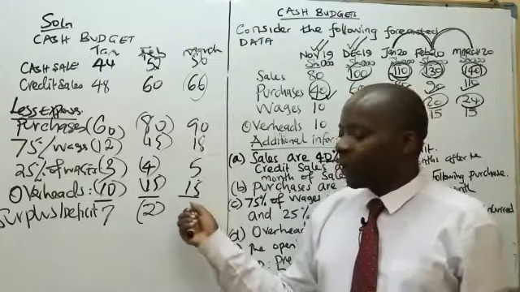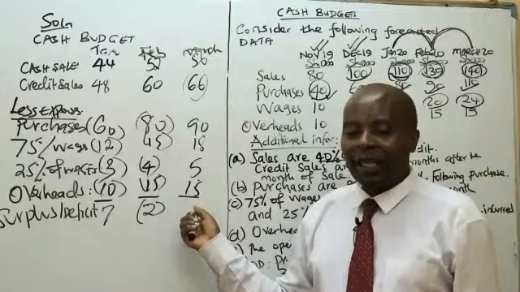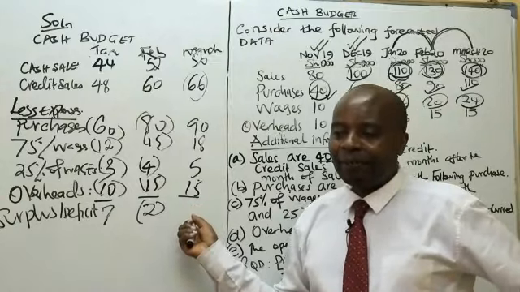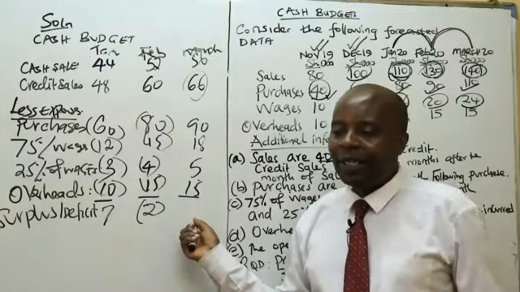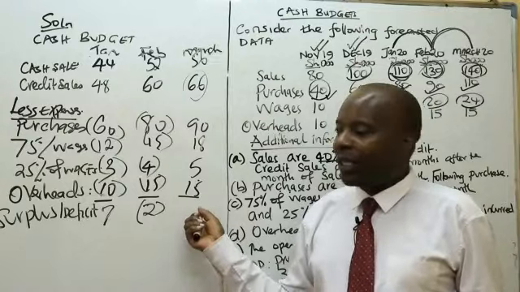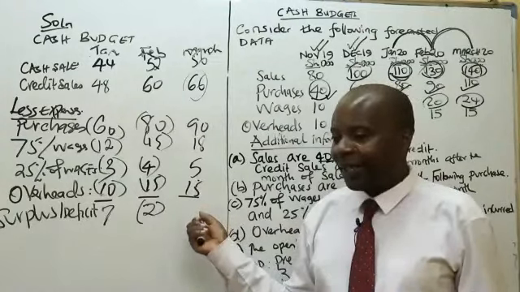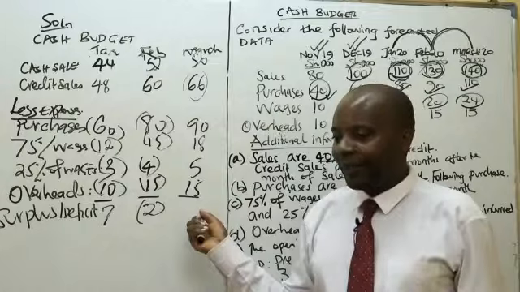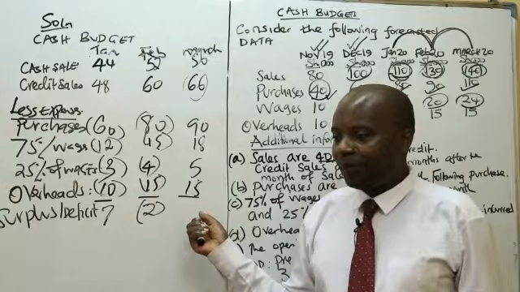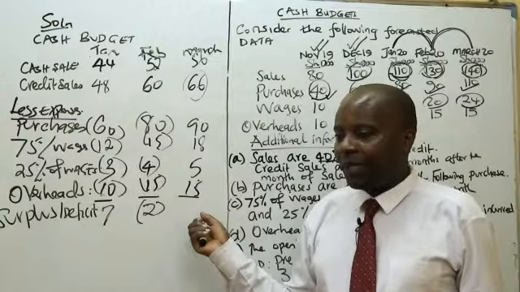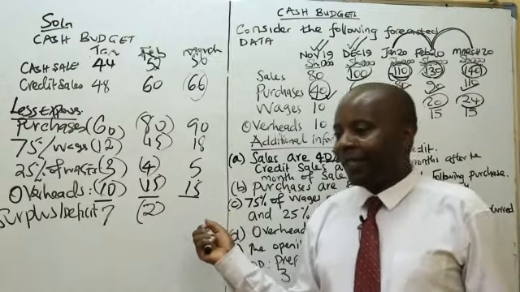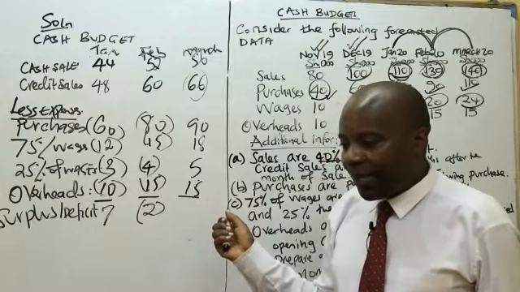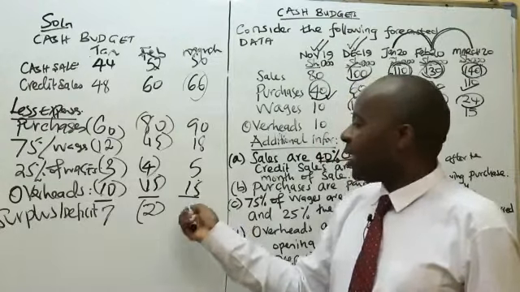How about March, ladies and gentlemen? March, I'm being given a figure of -6.